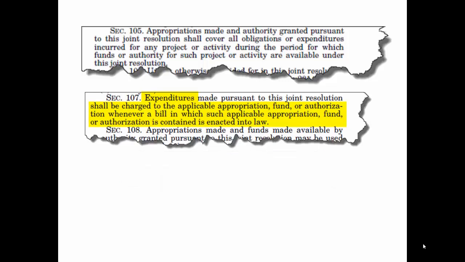Expenditures shall be charged to the applicable appropriation fund or authorization whenever a bill in which such applicable appropriation fund or authorization is contained is enacted into law. This means that whenever a full year appropriation is enacted, all expenditures get charged to the applicable appropriation in the final bill.